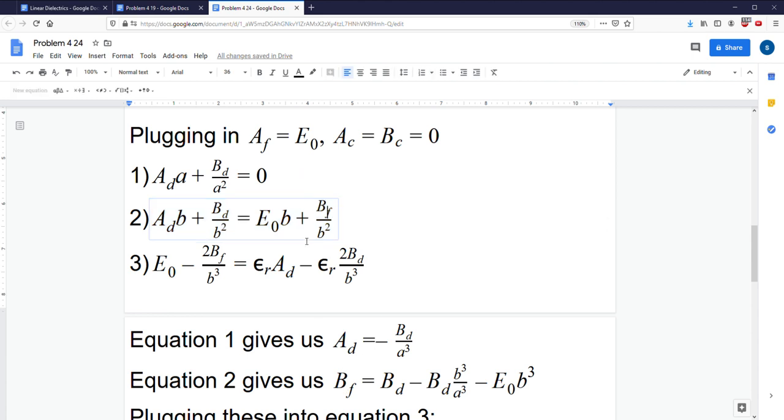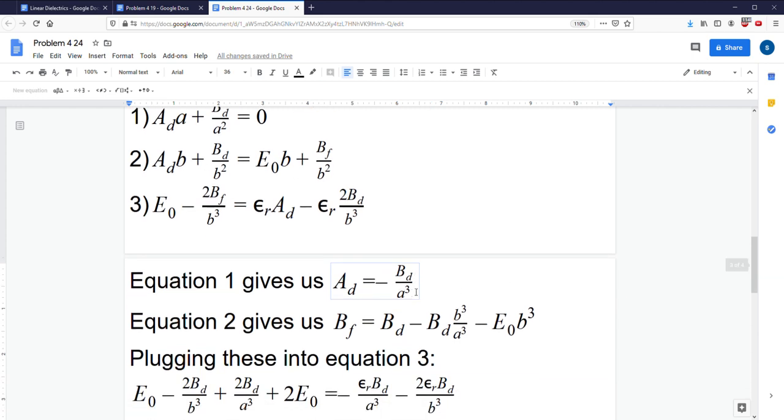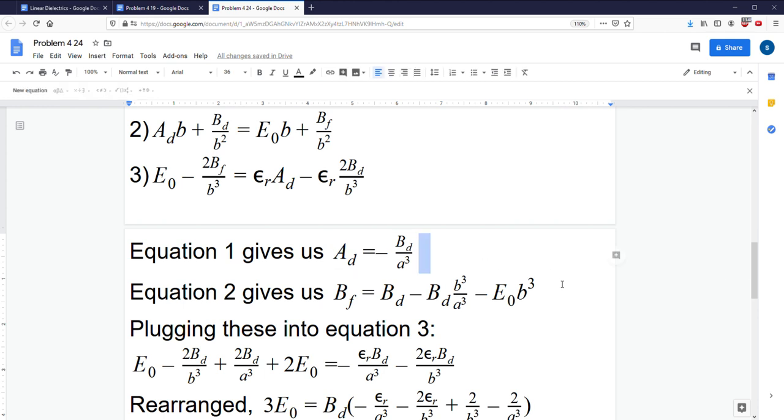And I got BF is equal to BD minus BD times b cubed over a cubed, which was this, with this replacement, minus E naught b cubed. Next, with this AD in terms of BD, and with this BF in terms of BD, I plugged both of these into our third equation, and I got this.